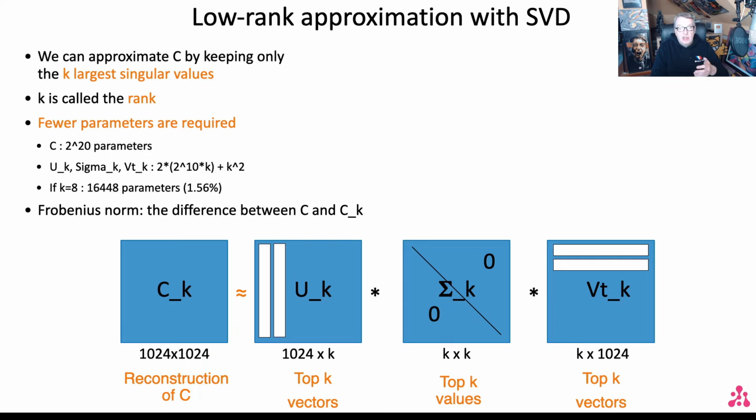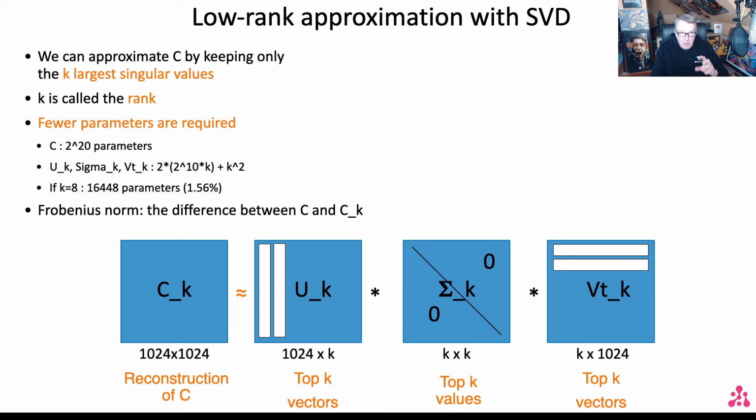So if we take k equal 8, we have a total of 16,448 parameters versus the original number of parameters in C, which was 1024 by 1024, basically 2 to the power of 20, so over 1 million. So take a deep breath now.